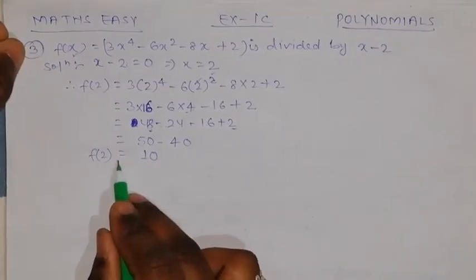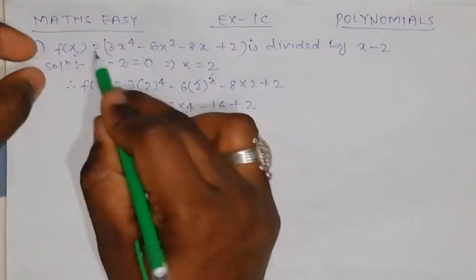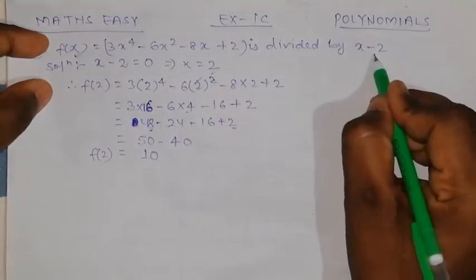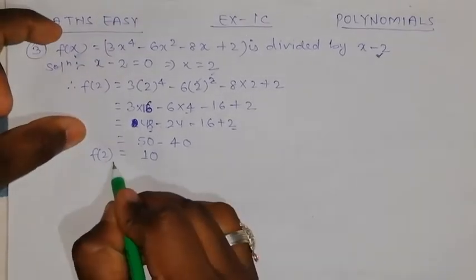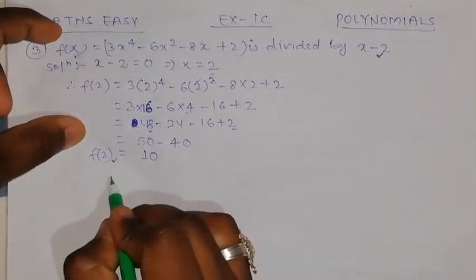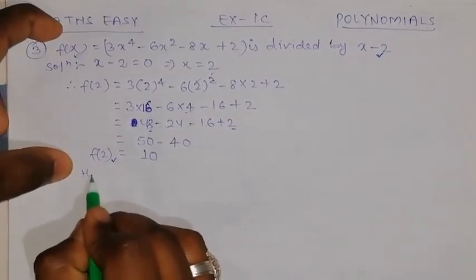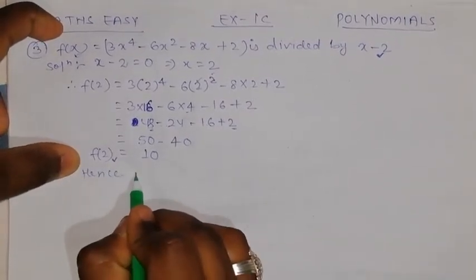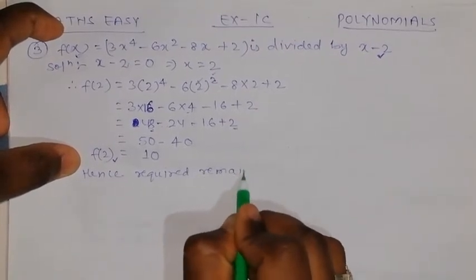Means when f(x) is divided by x minus a, then f(a) is our required remainder. यही तो है रिमाइंडर थ्योरम, है ना. Hence the required remainder is 10.